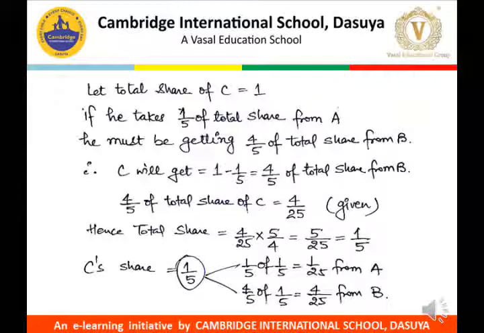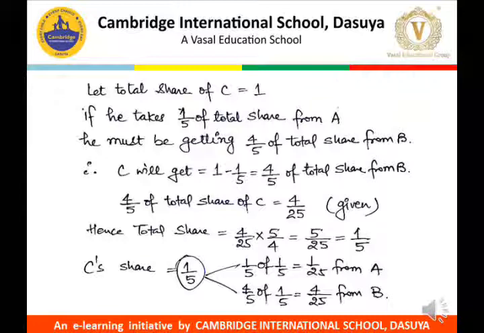If he takes 1/5 of total share from A, he must be getting remaining 4 by 5th of total share from B. So 4 by 5th of total share of C is 4 by 25, which is already given in the question.